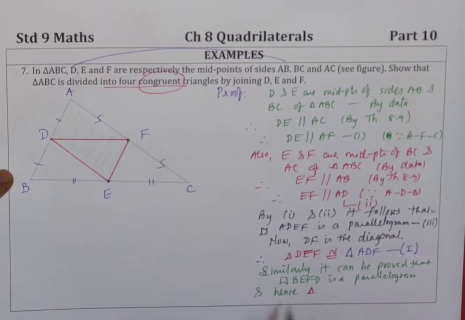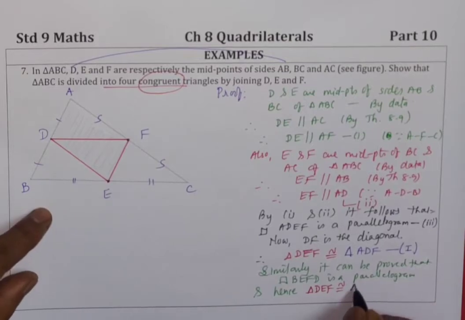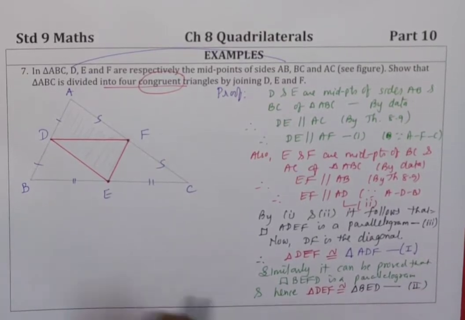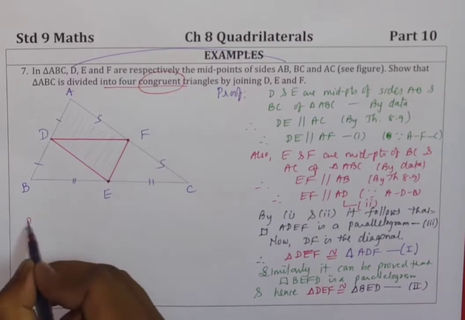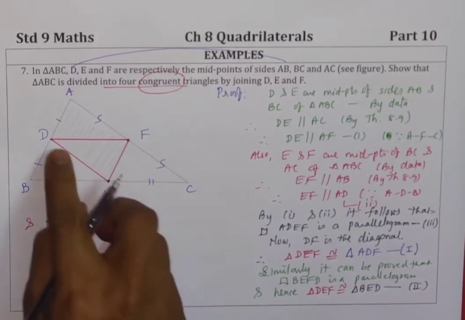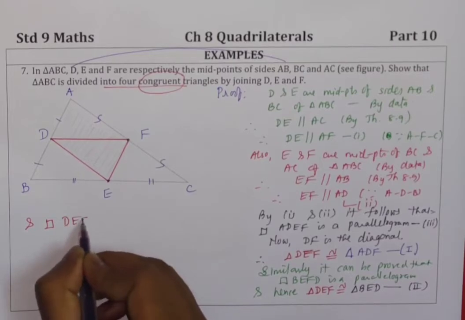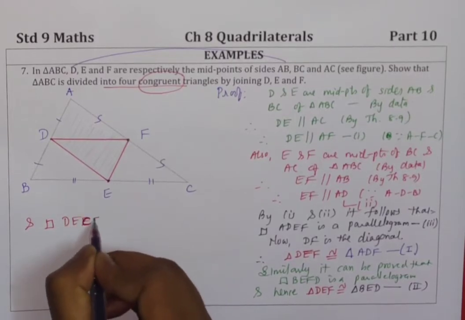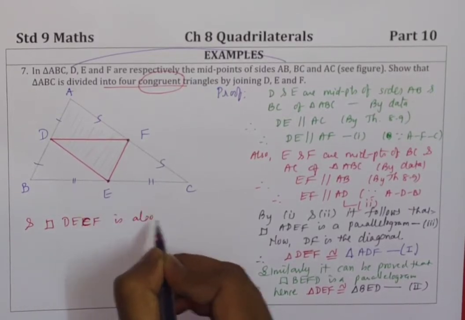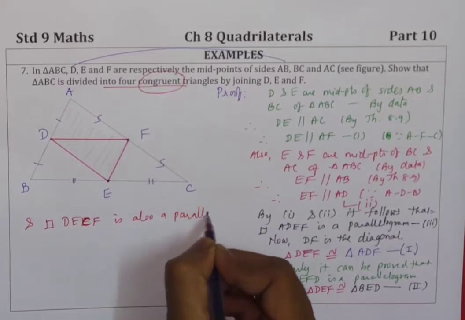So once again, triangle DEF is congruent to triangle BDE or triangle BED. Result second. And quadrilateral DECF is also a parallelogram.